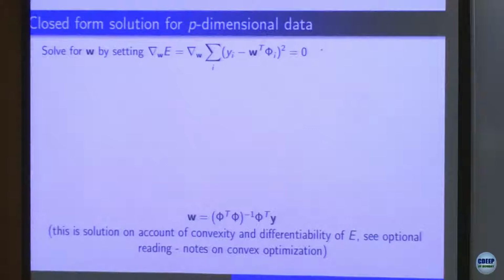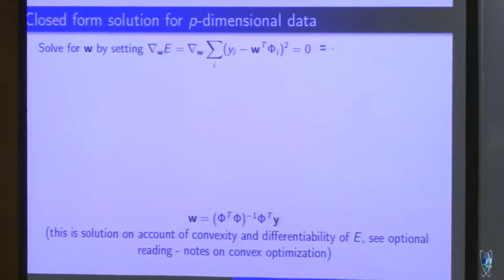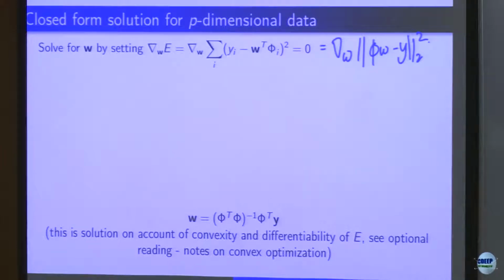I'm kind of giving you the final answer. Can you work backwards? So this is the gradient we want to compute, and we want the gradient to go to 0 at w star.